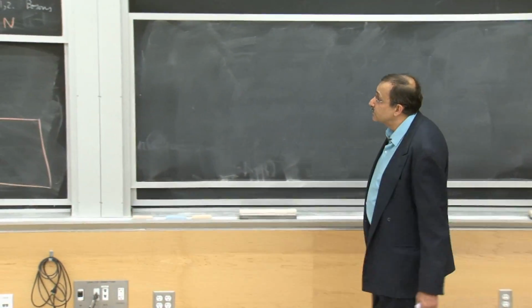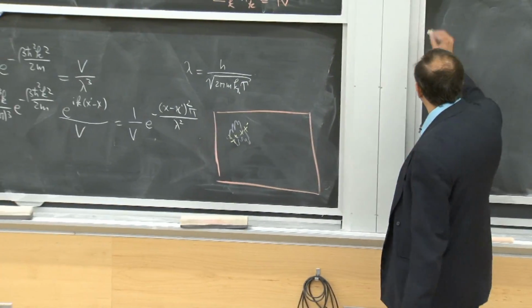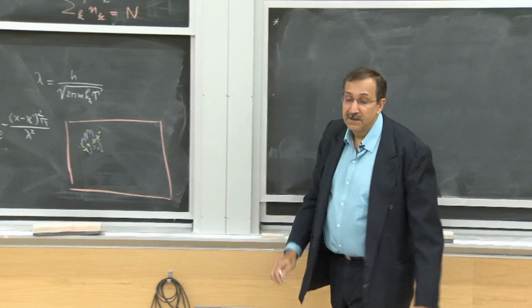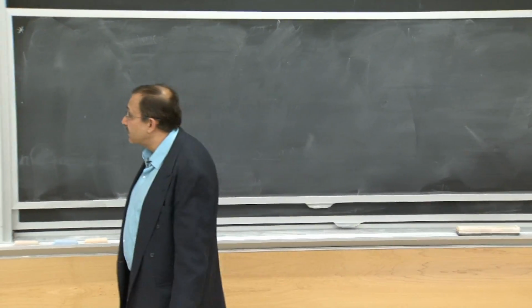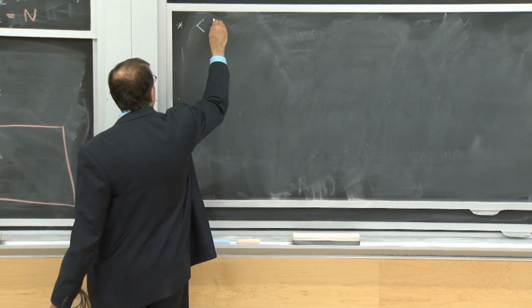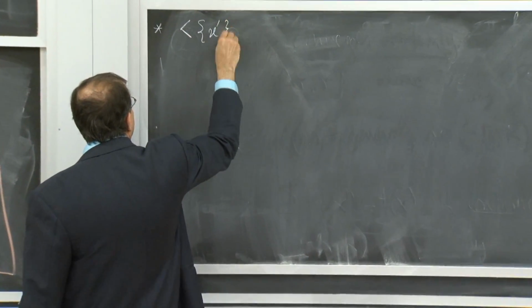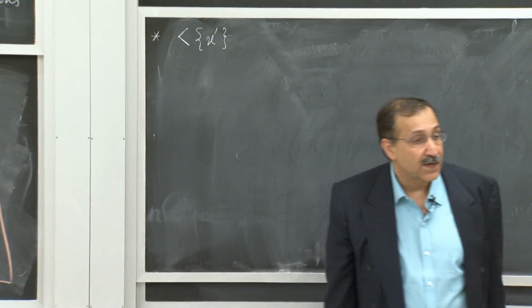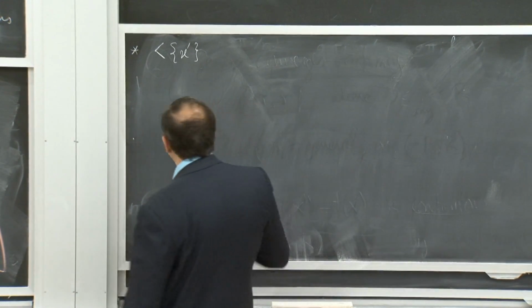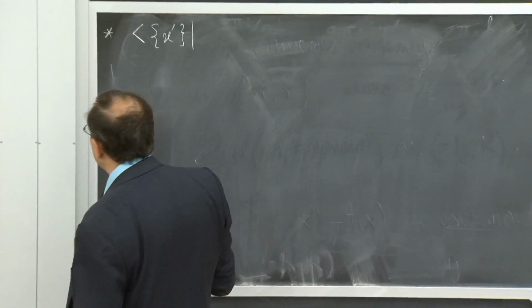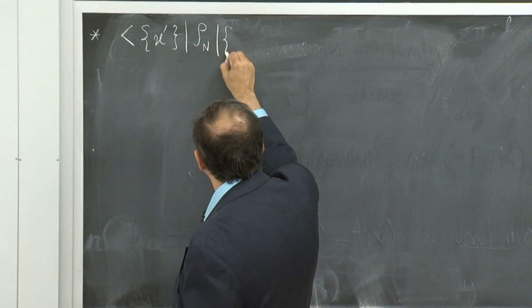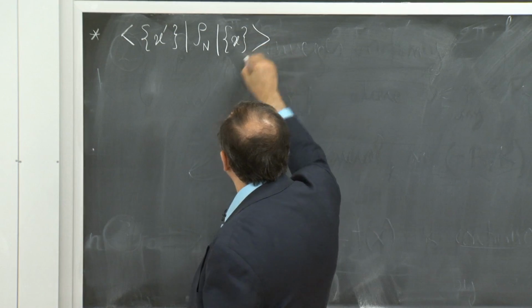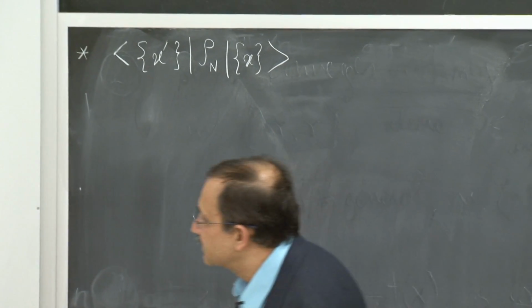What we want to do now is to go from one particle to the case of n particles. So rather than having one x prime, I will have a whole bunch of x primes labeled 1 through n. And I want to calculate the n particle density matrix that connects me from a set of points x to another set of points x prime.